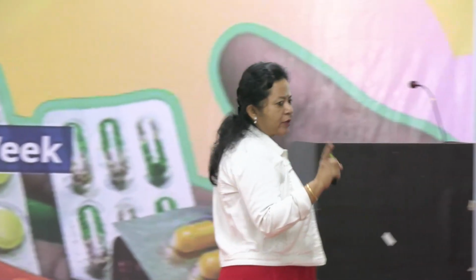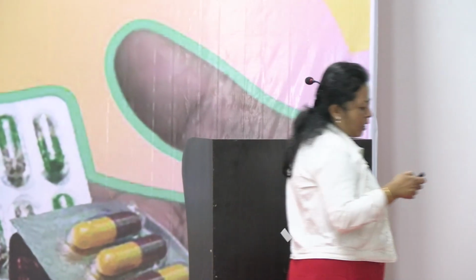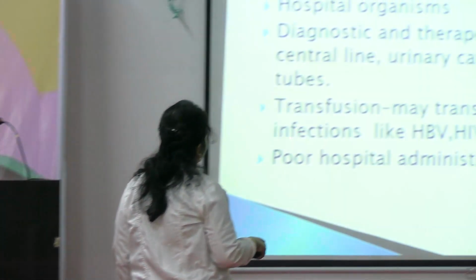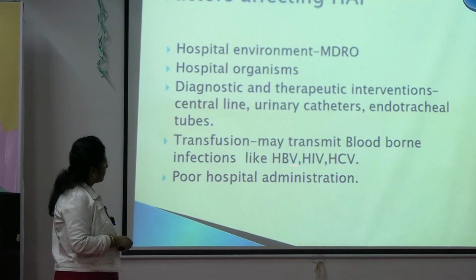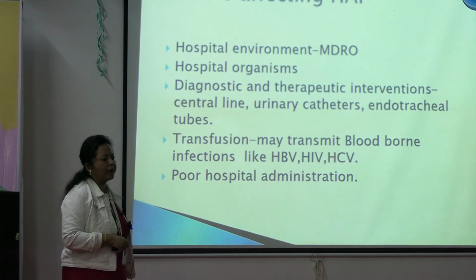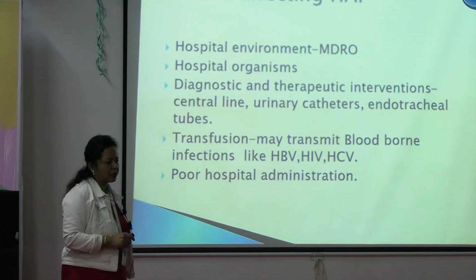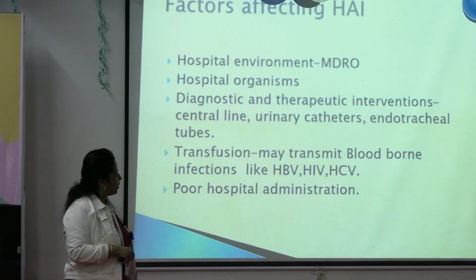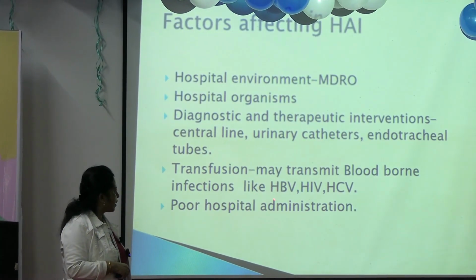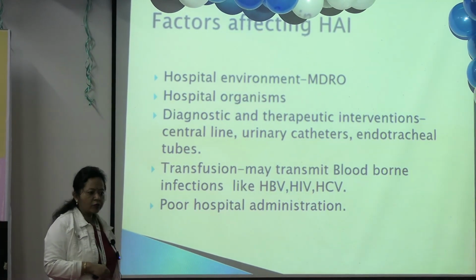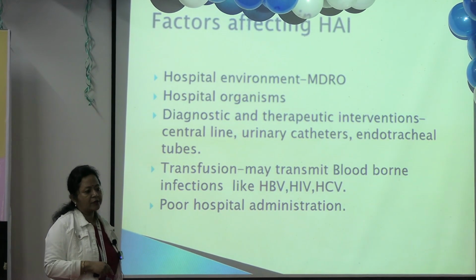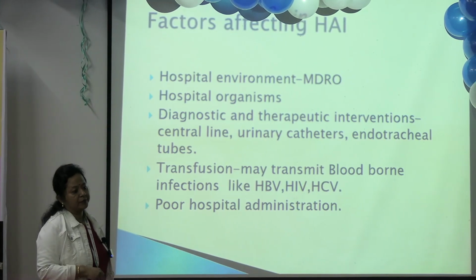And also the ABO typing has to be done. Because if the virus is present in the blood and you are transfusing it to the patient, obviously the patient gets the virus. But when you read about HBV, HIV and HCV, you will also learn about a term called the incubation period.